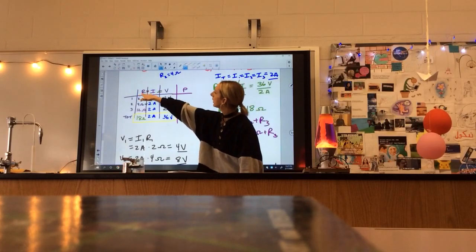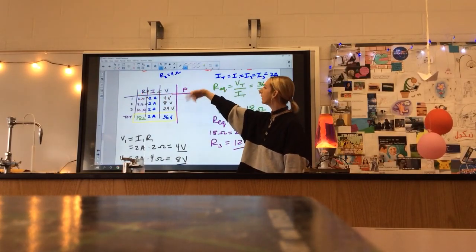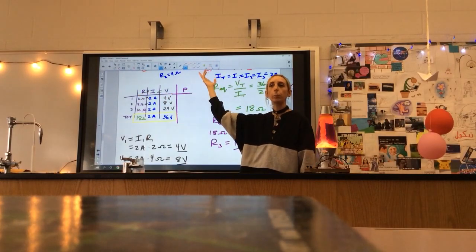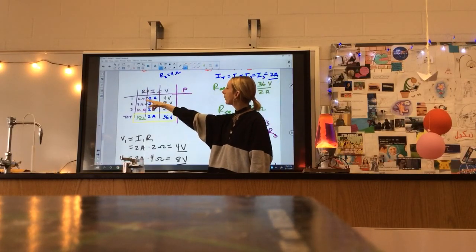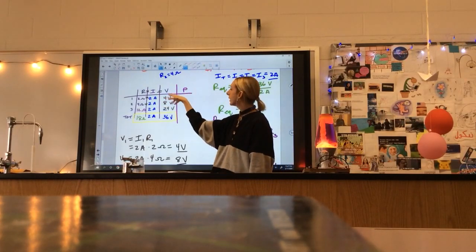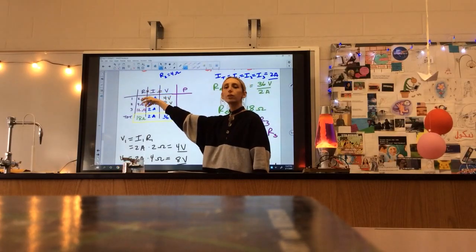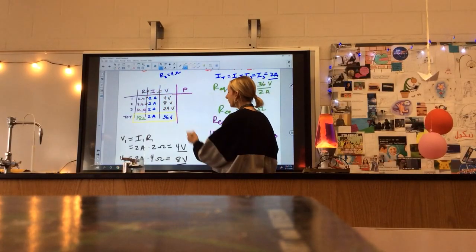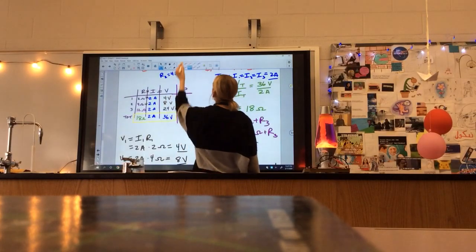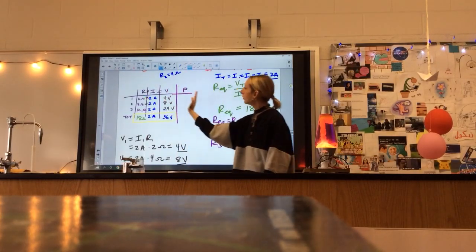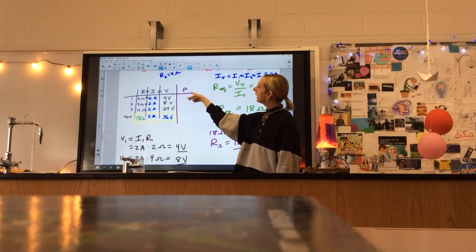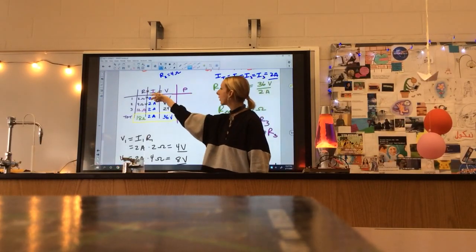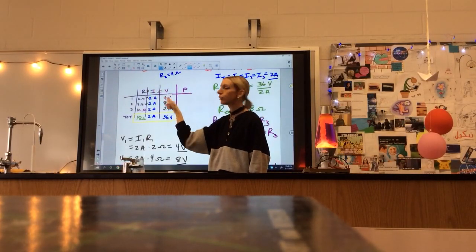So instead of it being an RIV chart, if we are given the wattage of a light bulb, for instance, or if we want to find the wattage based on the current in the circuit and the resistance, we can add this into the equation. Okay, so we have our power rating, and the nice thing about the layout of this chart is we know that power is most easily found by taking the product of the current and the voltage.